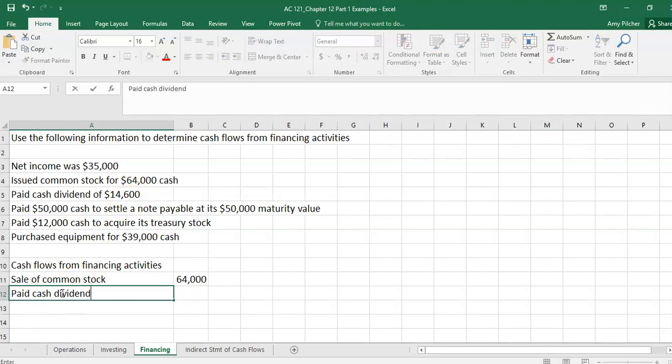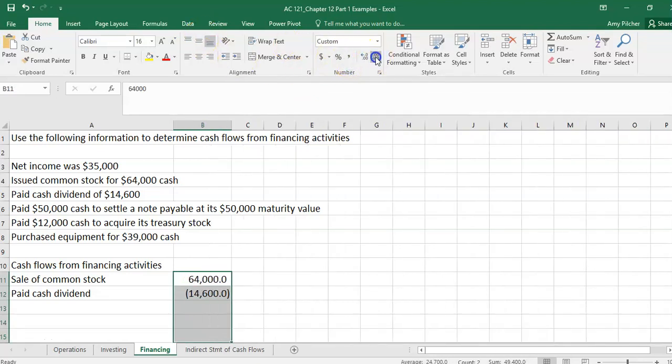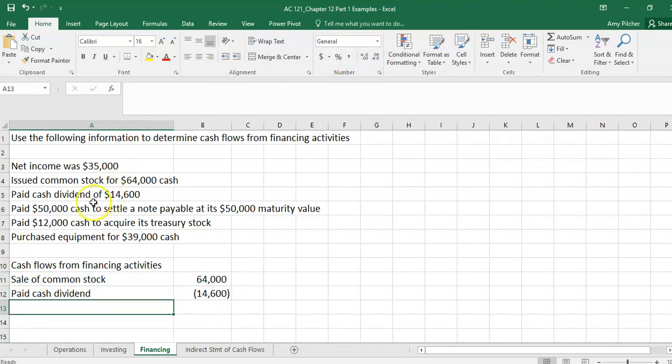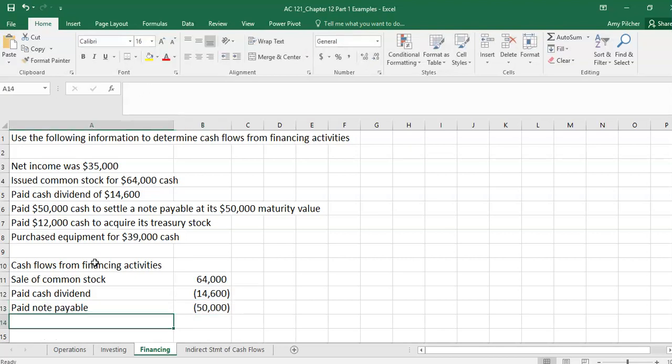Dividend, that is $14,600 going out. So we put that in as a negative amount. We paid $50,000 for a note payable. That's $50,000 out.